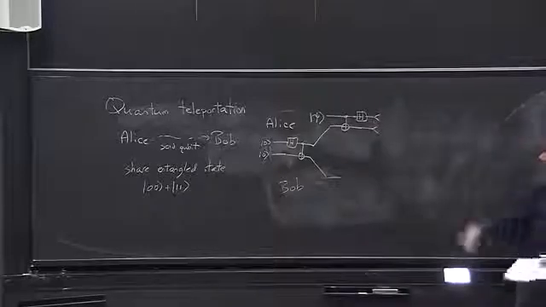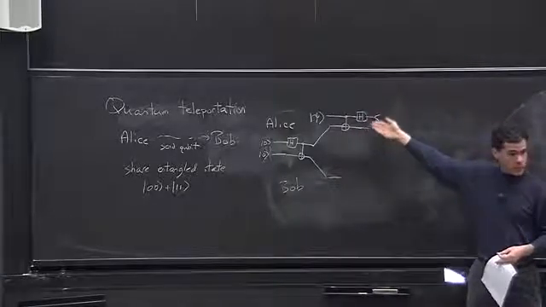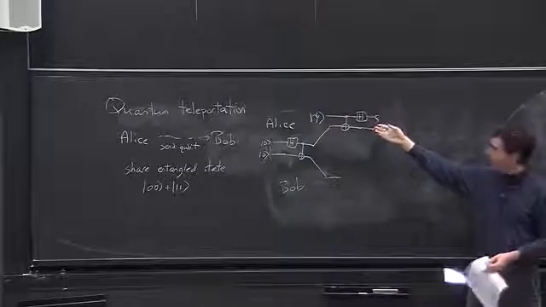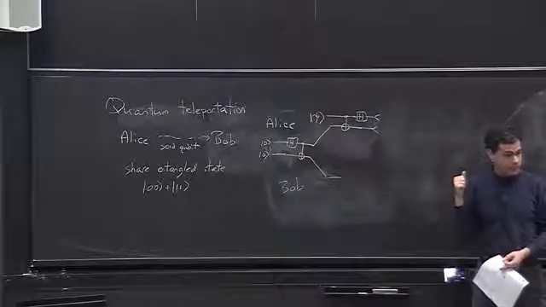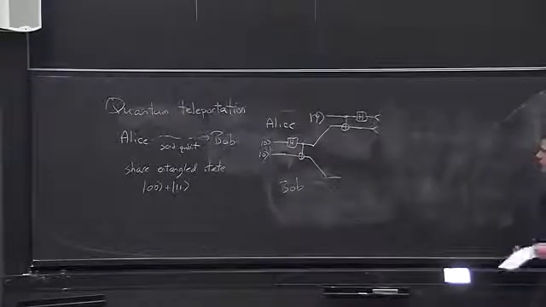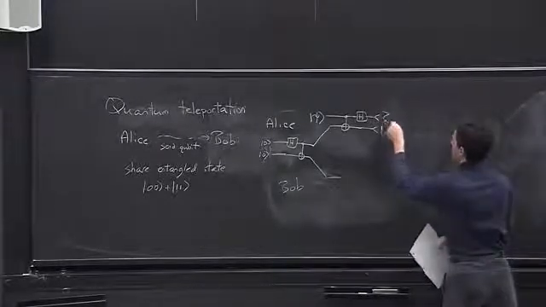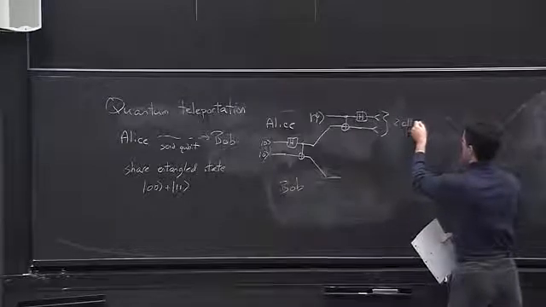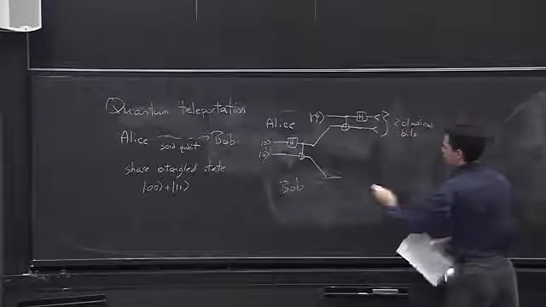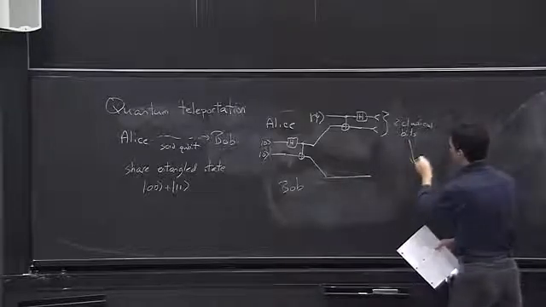And then she has two qubits, one from the EPR pair, one from the state that she found. And so she measures both of them after this little circuit. And so she gets two classical bits. And she sends those classical bits to Bob.